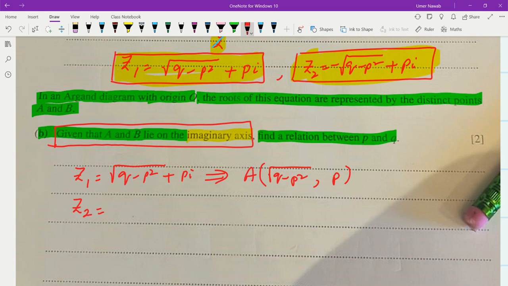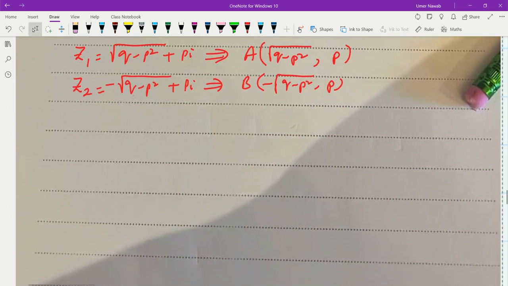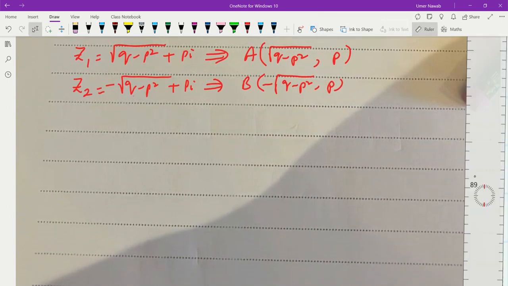And complex number z2, which is minus the square root of q minus p squared plus p iota, when I write it as a point on the Argand diagram, its x coordinate, or real part, would be minus the square root of q minus p squared, and p. Now I am going to show both of the points on the Argand diagram.